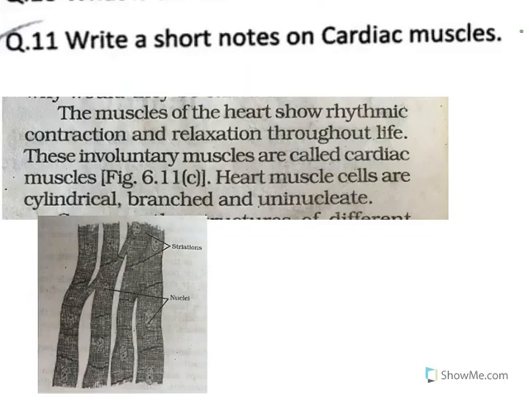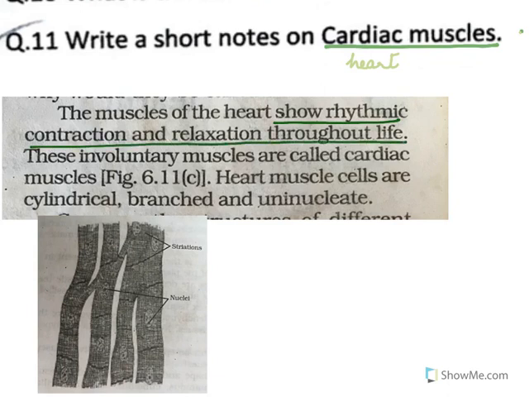Write a short note on cardiac muscles. The first point you write about cardiac muscles is they're found in the heart. The muscles of the heart show rhythmic contraction and relaxation throughout life. This would be your second point. These are involuntary muscles.